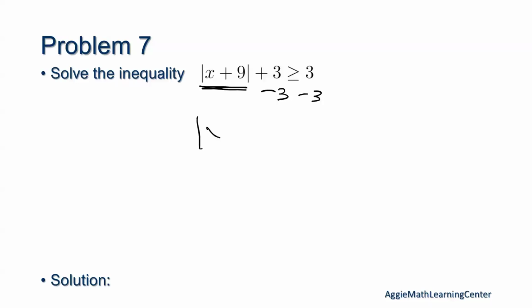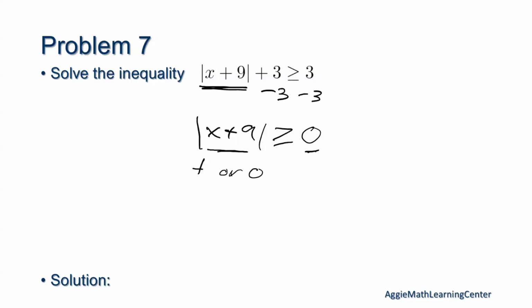So then we have, that gives us 0. This is kind of an interesting case when we get 0 over here, because what will an absolute value spit out, no matter what x is? Positive. Yeah, so it's going to be positive, or it could be 0 still if we had -9 in here. So will a positive number or 0 be greater than 0?